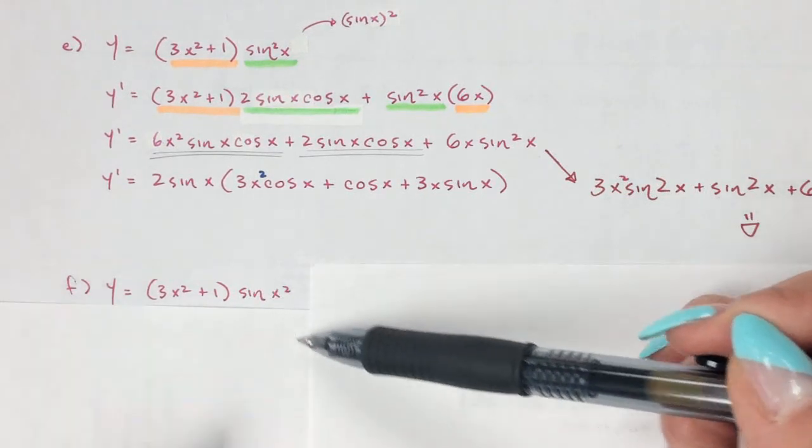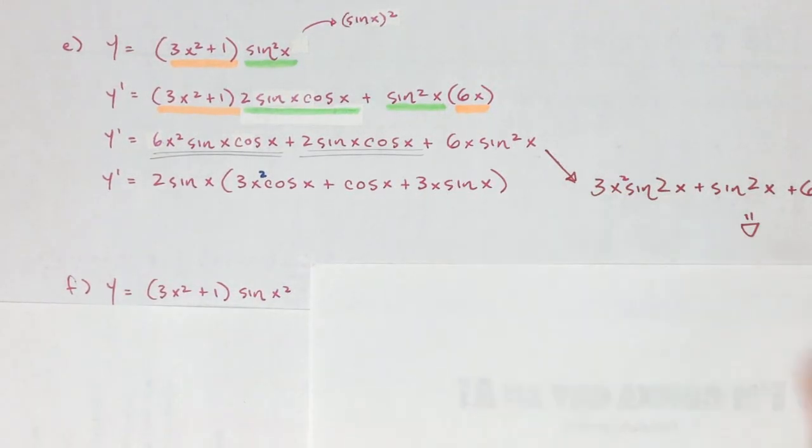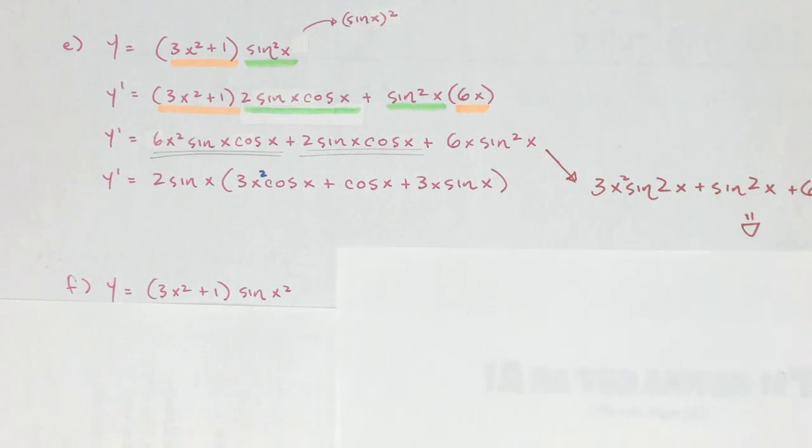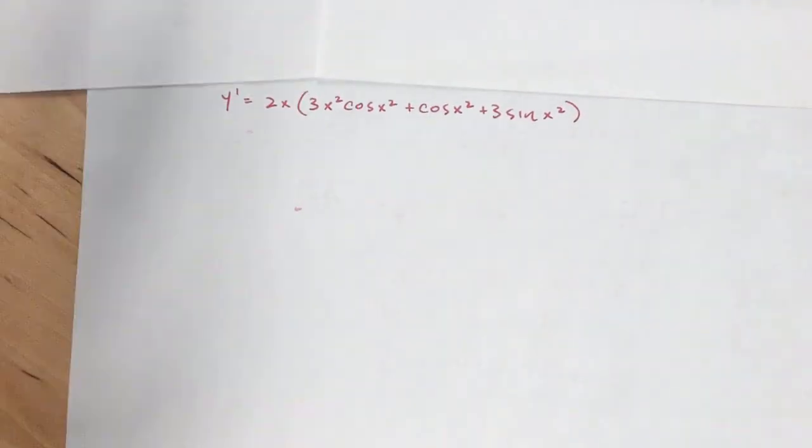Okay, so you're going to finish F, and then you're going to check that homework helpline to see if you did it right. And the answer, I will tell you the answer, but you got to show all your work on homework helpline. It is this.